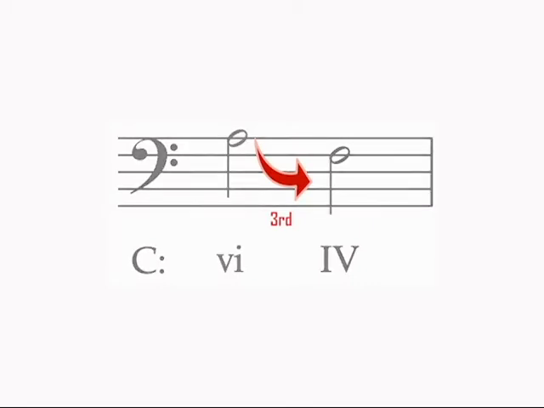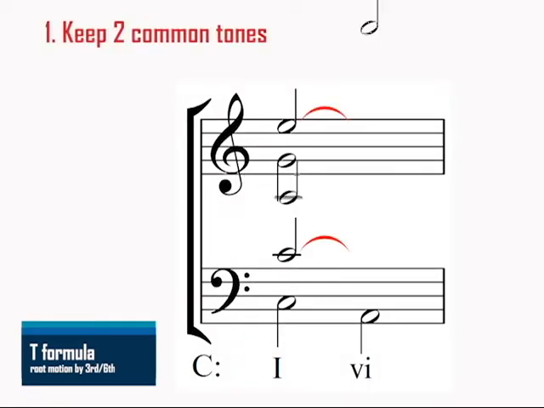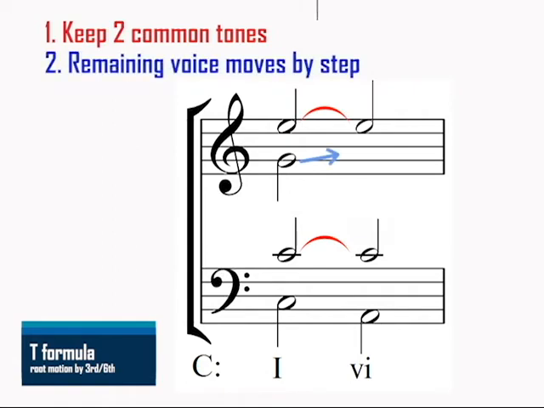For each of these cases, it's best to use what we call the T formula. The T formula simply says to keep the two common tones between the two chords, and the remaining voice moves by step.